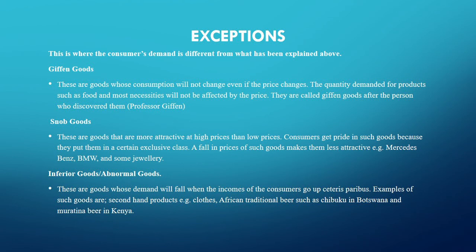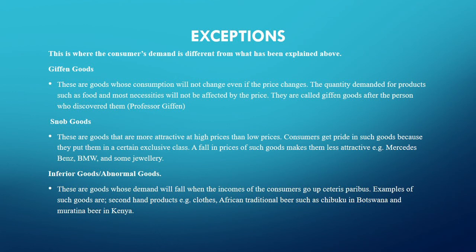These are goods whose consumption will not change even if the price of the good changes. The quantity demanded for such products, such as food and most necessities, will not be affected by the price. They are called Giffen goods after the person who discovered them, Professor Giffen.